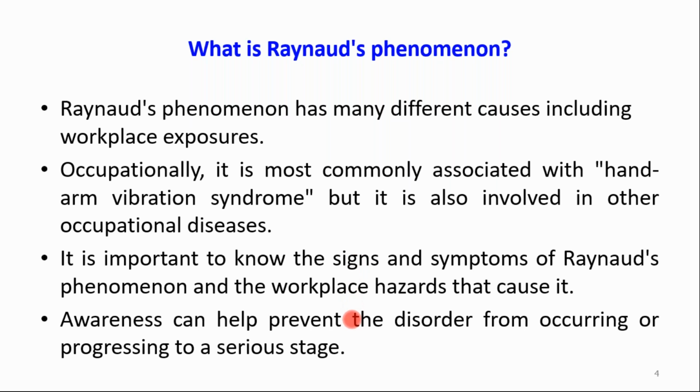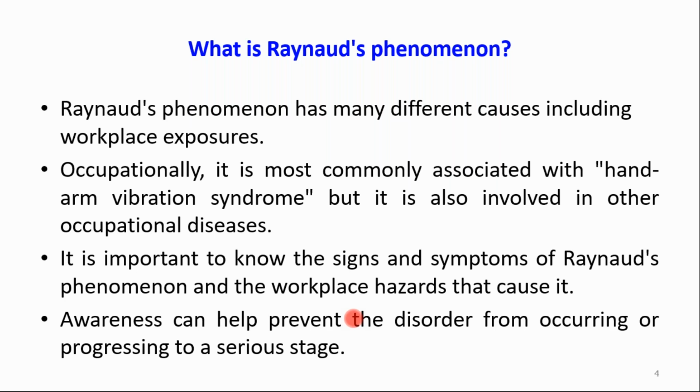Awareness can help prevent the disorder from occurring or progressing to a serious stage. Because in the initial stage, we can sense that the blood circulation is improper in a particular part. Then we can avoid repeating that work, or avoid continuous cold exposure of those fingers or that hand.